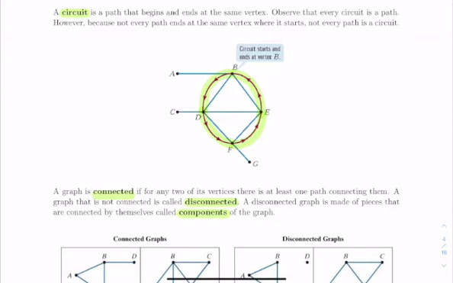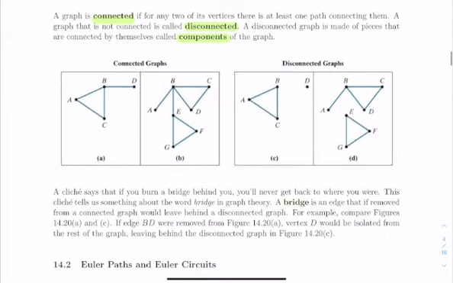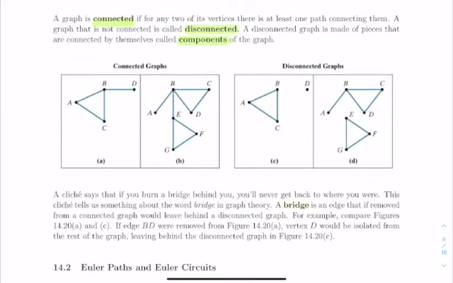So looking below, you can see the connected graphs have at least one path between all of the vertices. Whereas in the disconnected graph, we are missing that edge from B to D in diagram C. And also we're missing an edge to connect our two shapes here in diagram D.